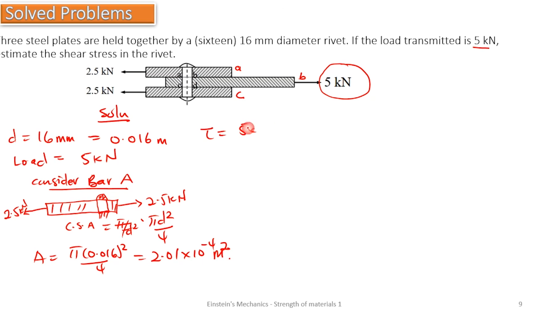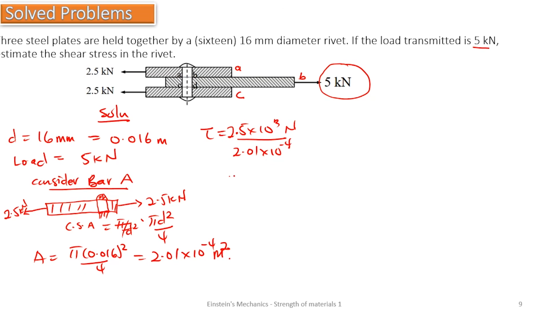Since the shearing occurred at a single point, I'm going to use this single area, and the force on bar A is 2.5 kilonewtons. If I'm considering bar B, then I'll use the 5 kilonewtons. But for bar A, the force is 2.5 kilonewtons over the single area the shear occurred, which is 2.01 × 10 to the power negative 4.